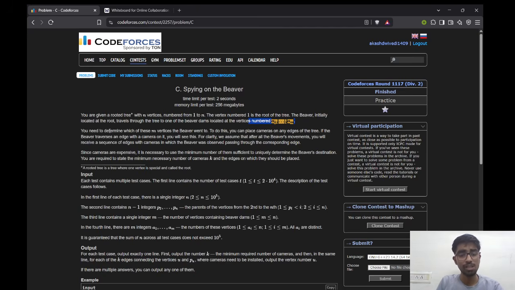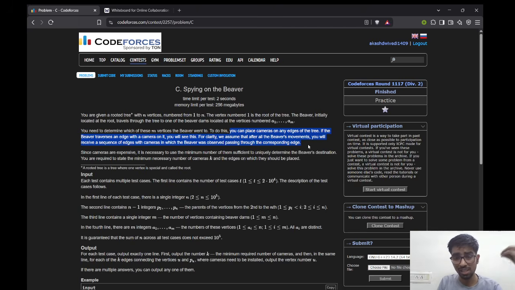You need to determine which of the m vertices the beaver went to. To this, what we can do is place cameras on the edges of the tree. If the beaver traverses an edge with a camera on it, we will see this.